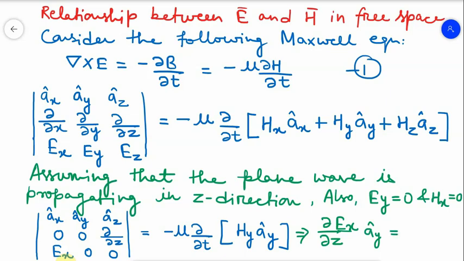In the RHS we'll have minus mu del t Hy ay. So this is the expression. In simpler terms, both sides have ay, so no need to write it. We can simply write del Ex upon del z equals minus mu del Hy upon del t.